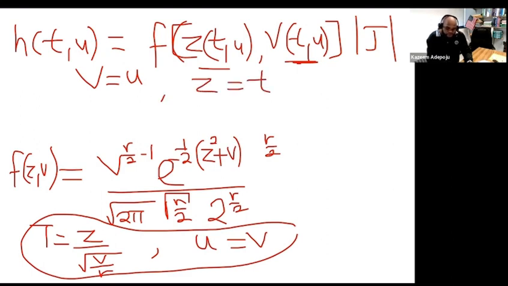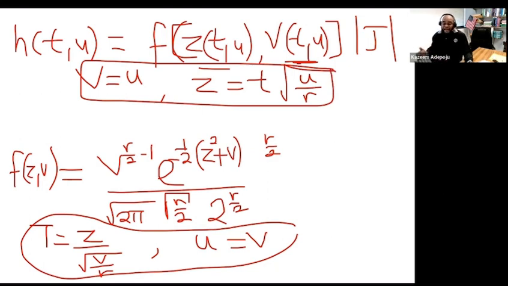So instead of the square root of v over r, now that u equals v, I'm going to write u over r. So anywhere I see v, I'm going to plug in u, and anywhere I see z, I'm going to plug in t times the square root of u over r.